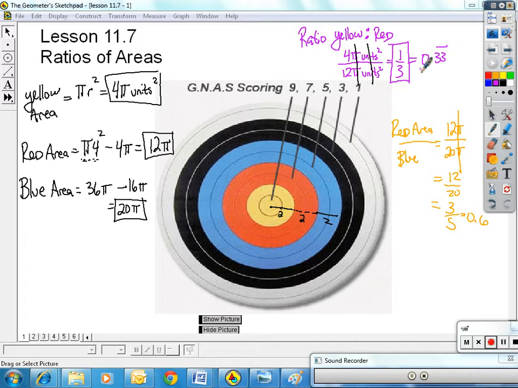There's a larger disparity between the yellow area and the red area as there is the red area and the blue area, which is 60%. So you can think about it as a percent. This was 33%. The yellow is 33% of the red, and the red is 60% of the blue.